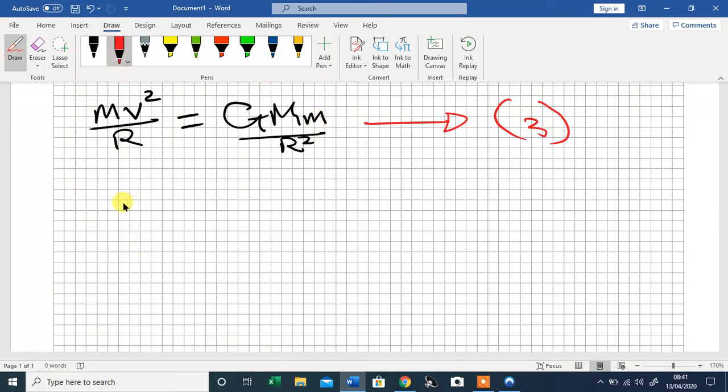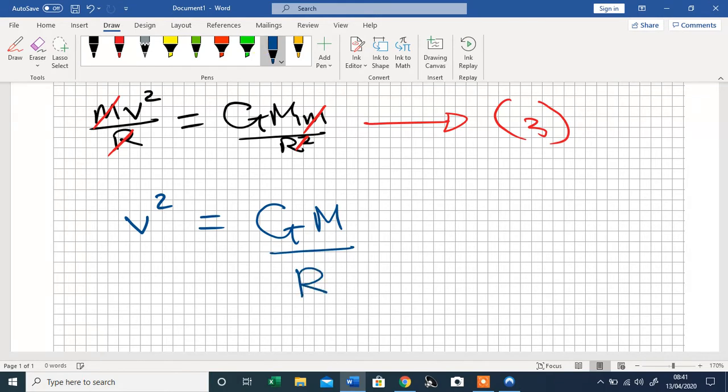So eventually, if we cancel the m's and the r's, then we get, and I'll write this down, v squared equals G big M over r. Now, we'll call that equation 4.